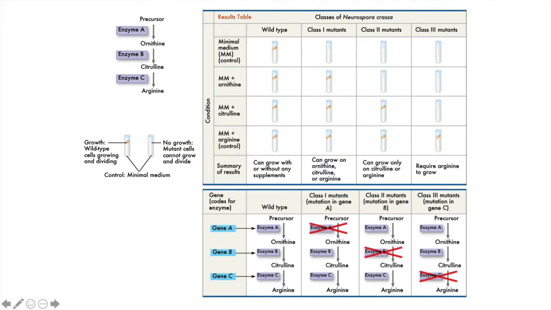They concluded that there were 3 different types or classes of arginine mutants, each one able to survive with the addition of a supplement that was an intermediate in the arginine biosynthesis pathway: ornithine, citrulline, or arginine. Their 3 mutants were each lacking in an enzyme from the pathway.